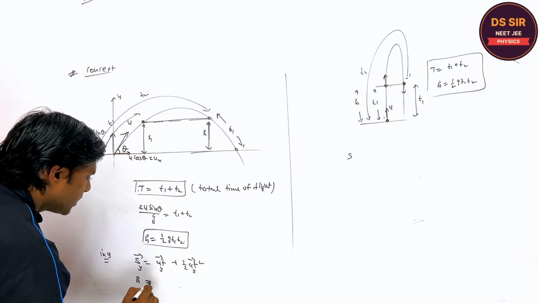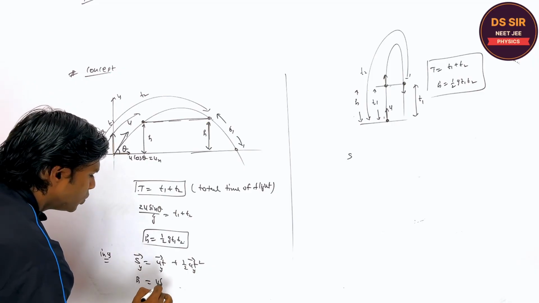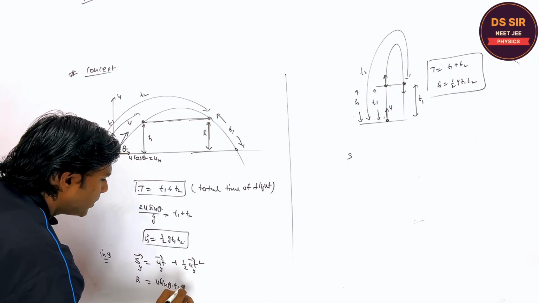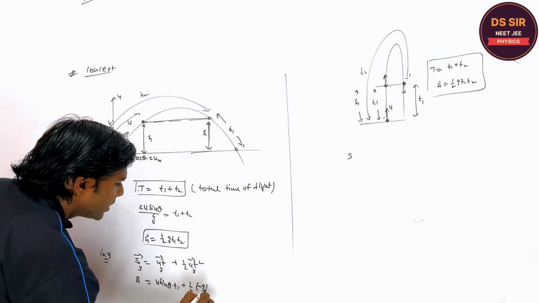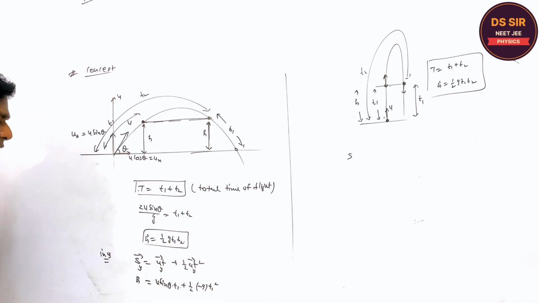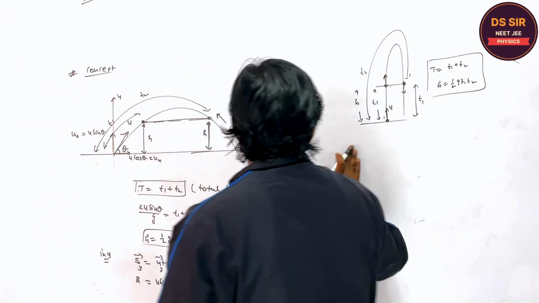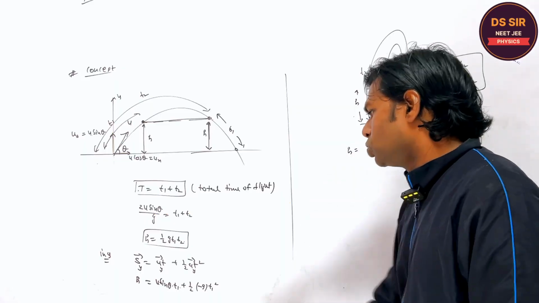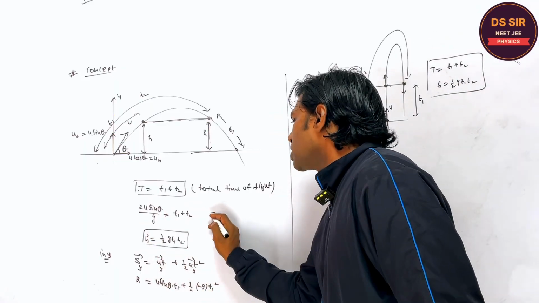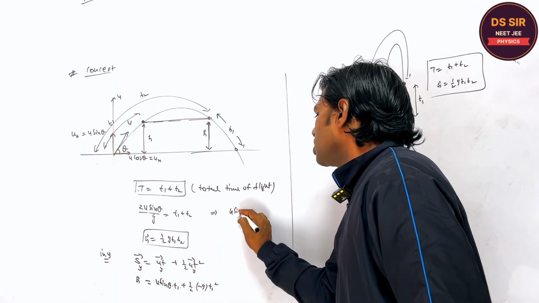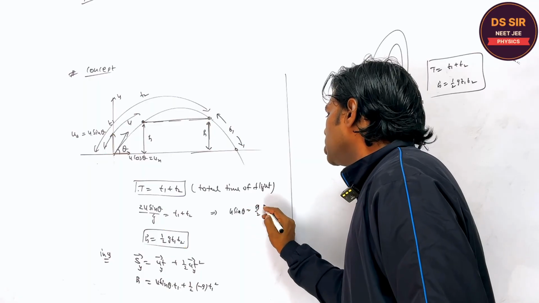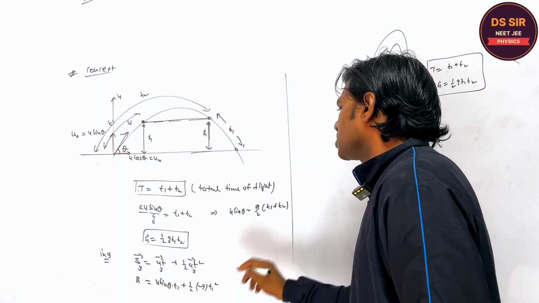The displacement is plus h. The initial velocity is u sin theta into time t1. Acceleration is minus g into t1 square. Is it clear or not? Now h is equal to u sin theta t1 minus half g t1 square. What is the value of u sin theta? From here you will get u sin theta is equal to g upon 2 into t1 plus t2.